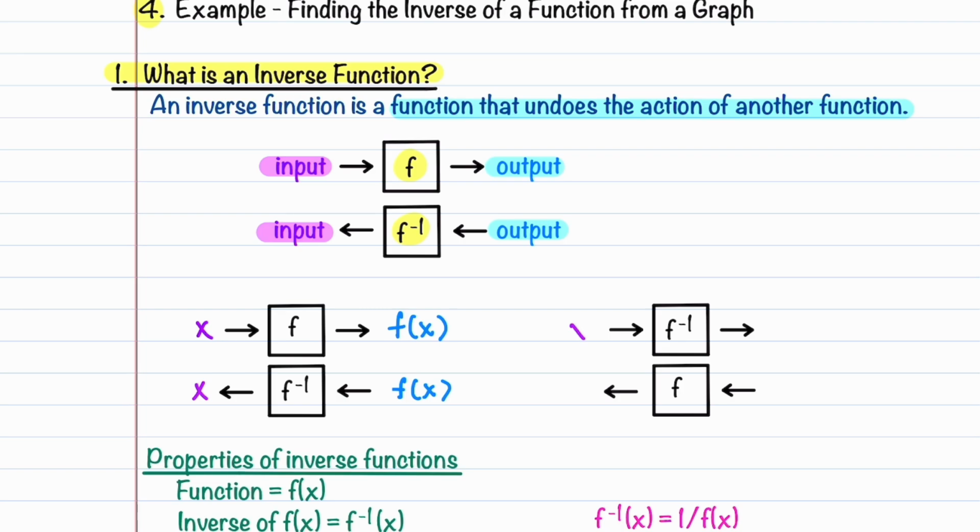Likewise, we can take our x and put it into our inverse function, and our output is f inverse of x. Now, if we want to undo what f inverse did, we take our f inverse and put it into our function f, and then what pops out is our original input x.